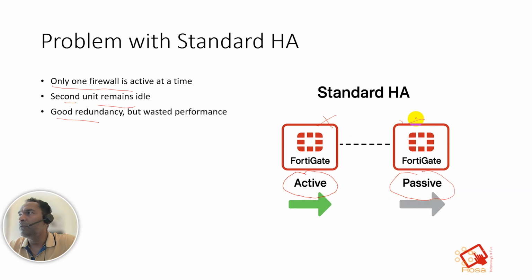But we are wasting the performance, the resources, the hardware power, everything, on this device just by keeping it idle as a secondary device. To improve this and utilize both of them, we can have these devices under virtual clustering and have different VDOMs active on different units.